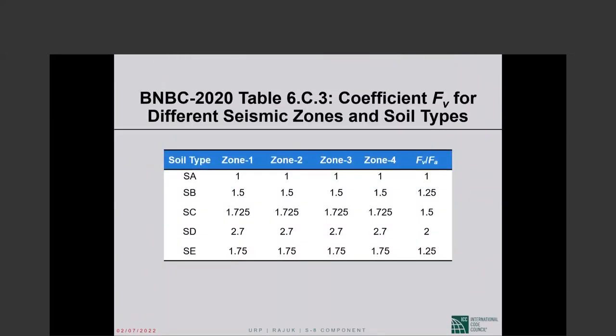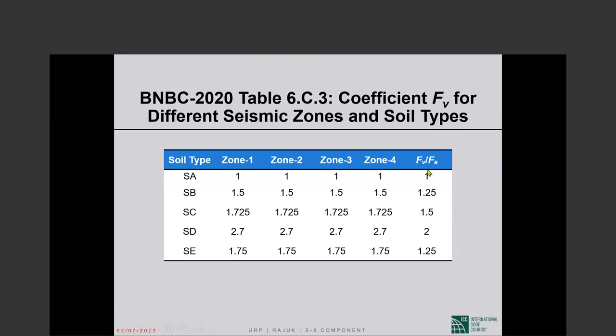F sub V is given in this other table of the appendix 6.C.3, and F sub V values are also dependent only on the site class, not on the intensity of ground motion. Okay. We are not exactly sure how these F sub V values were derived.